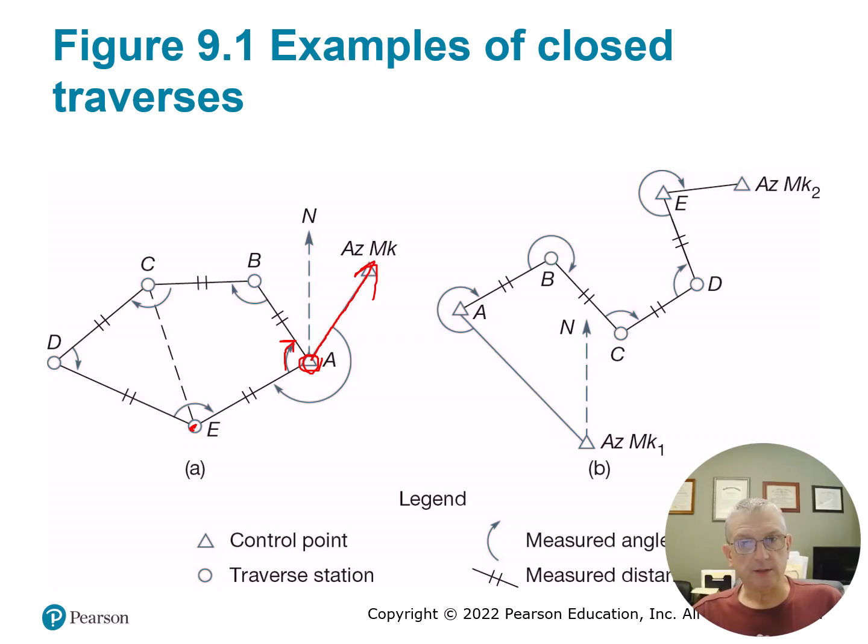It could also be a reference mark set for a solar observation, which is, as we've said before, very rarely done. But using this azimuth mark, the angle right can be measured from A, backsighting the azimuth mark, to E, and then you have a starting azimuth for your shape.